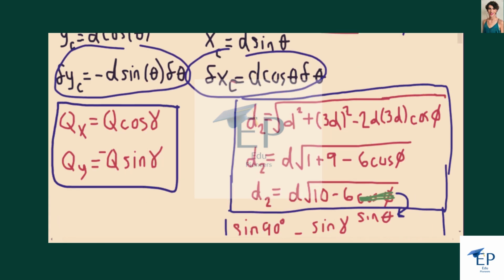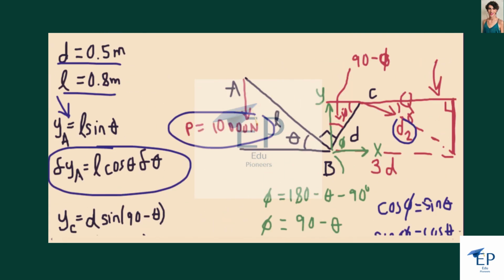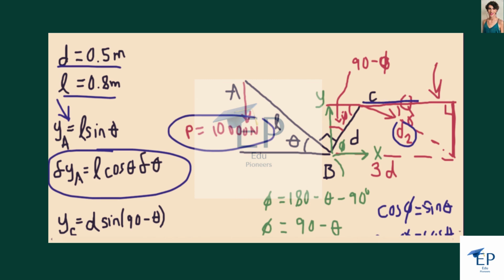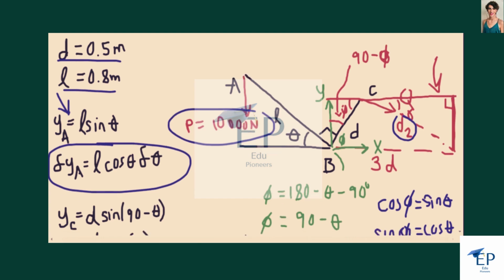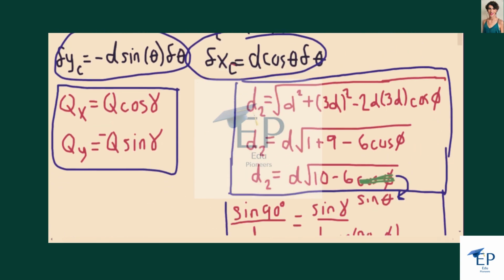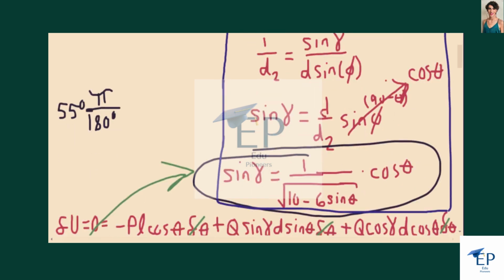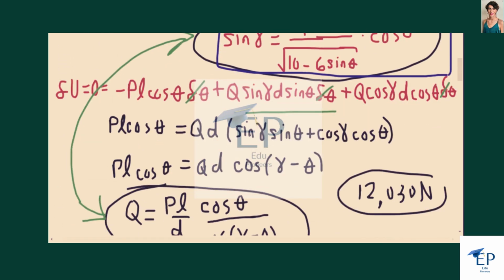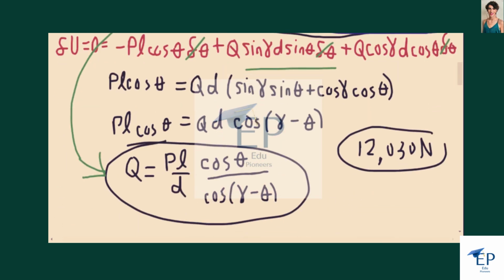Q has some directionality to it. Q cosine theta would be there. Q sine theta would be there. Move downward here. Okay, so I wrote my virtual momentum equation.